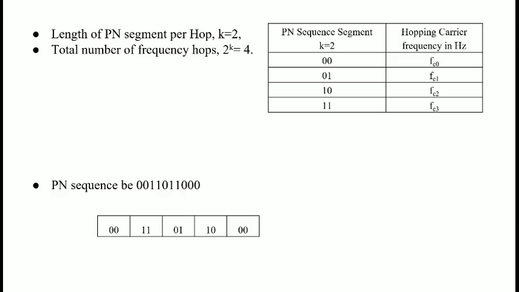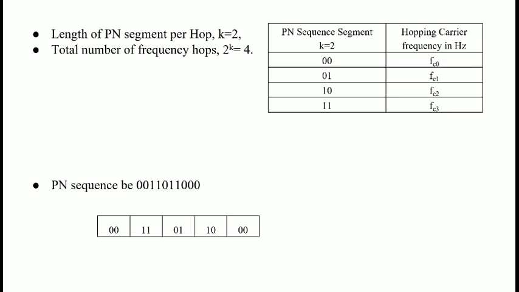Consider the third and fourth parameters. Length of PN segment per hop, small k, is equal to 2, and total number of frequency hops, 2 power small k, is equal to 4. Construct one table for these two parameters. So PN sequence segment small k is equal to 2. If we consider 2 bits, we have 4 combinations: 0 0, 0 1, 1 0, 1 1.